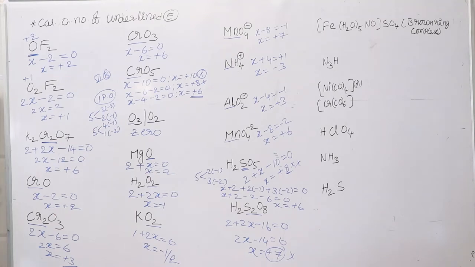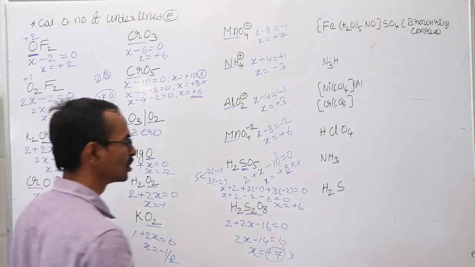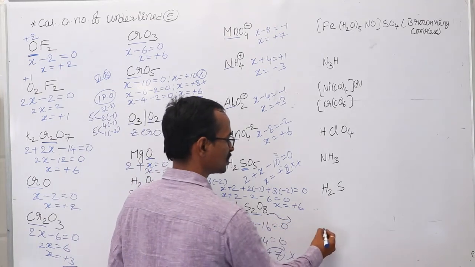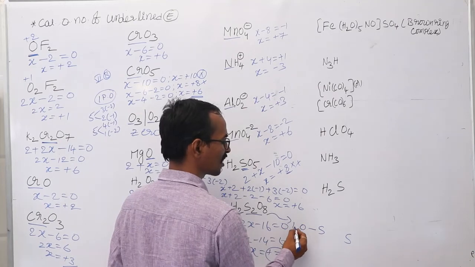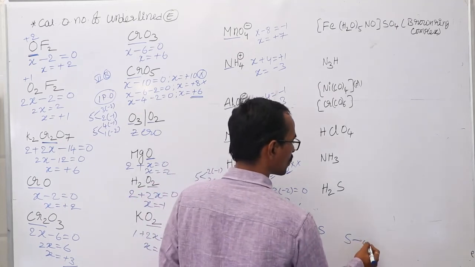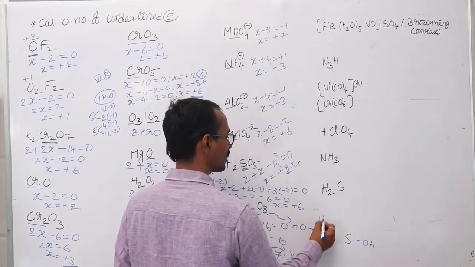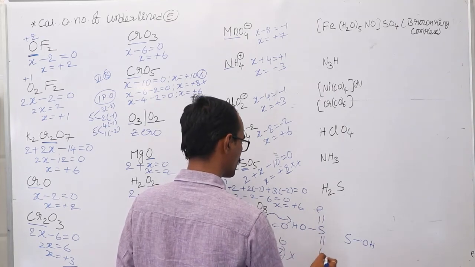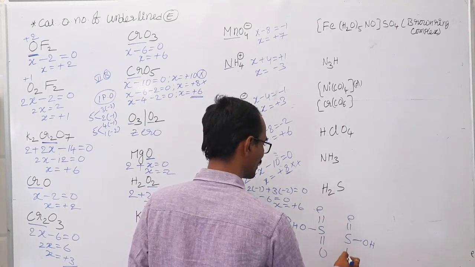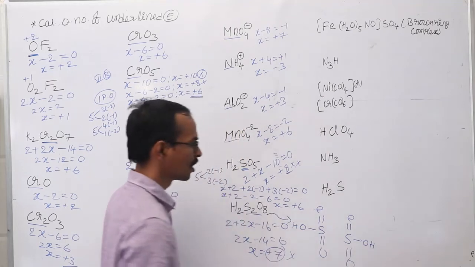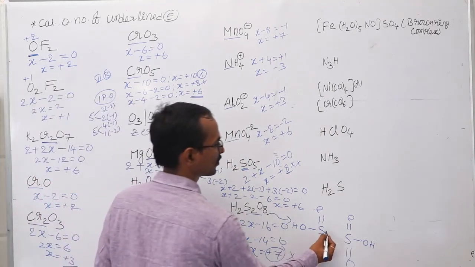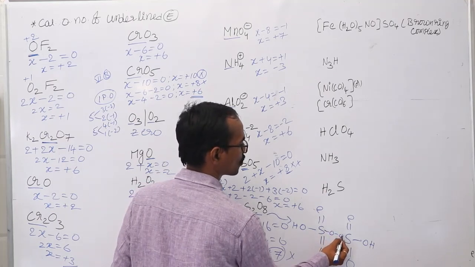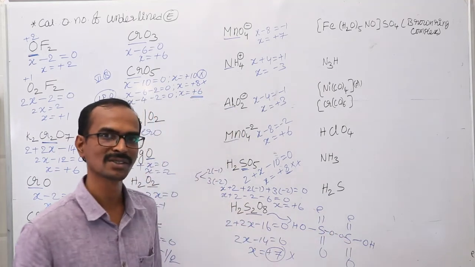So for this kind of molecules, I will give you some other hint also based on the structure. So 2 sulfur atoms are there. Each sulfur atom is having an OH bond, double bonded O, double bonded O, double bonded O. So how many oxygens are completed there? 6. So it is having a peroxide linkage.